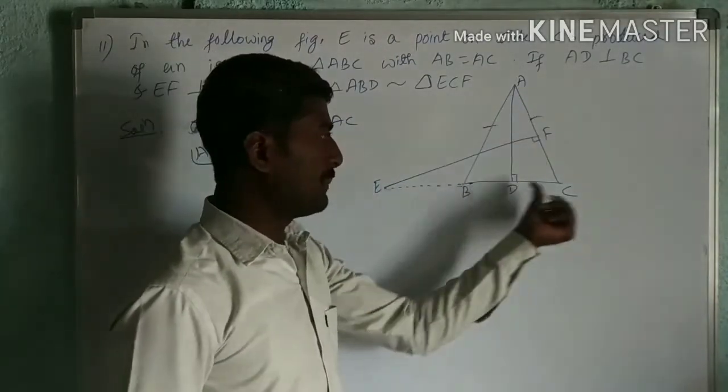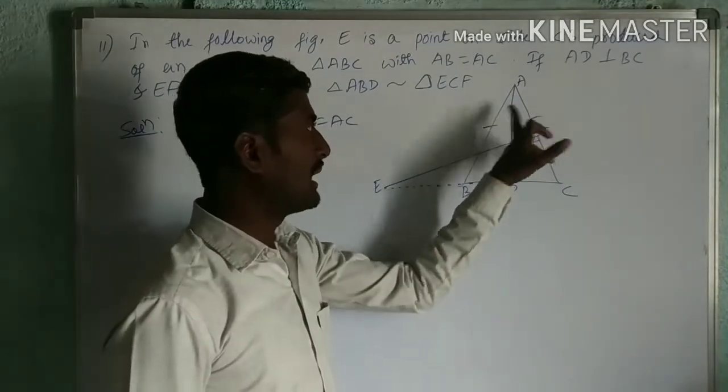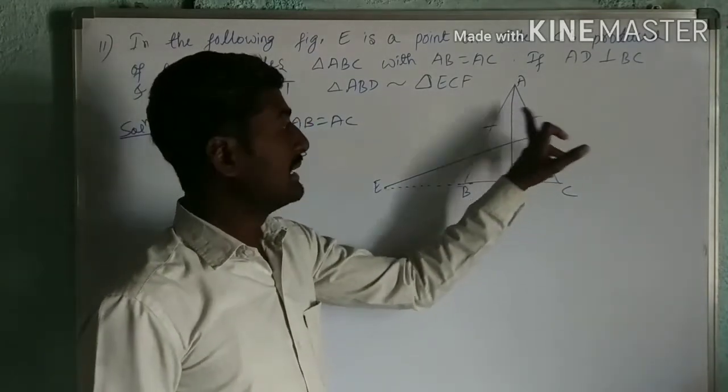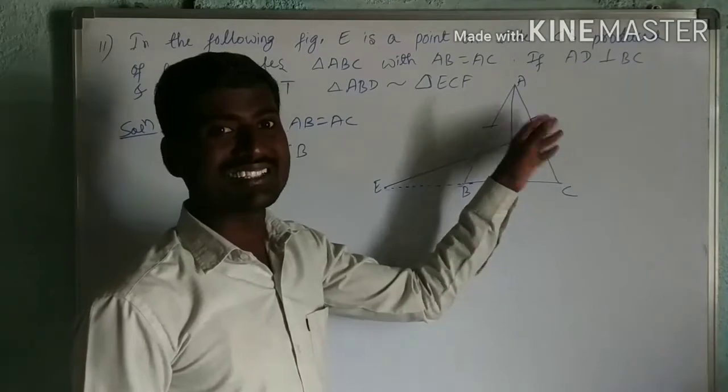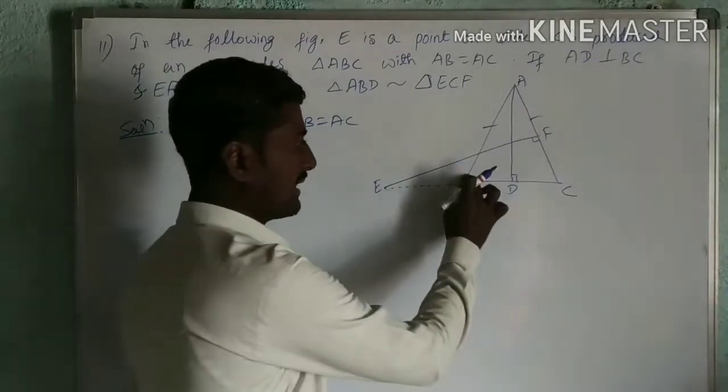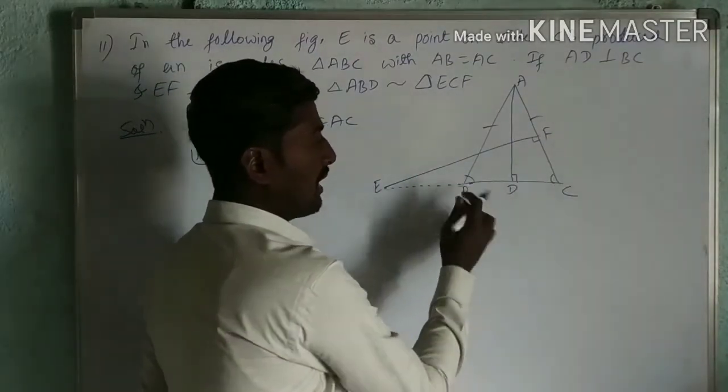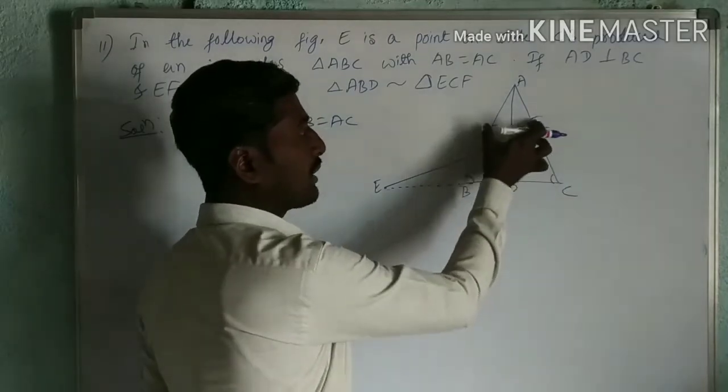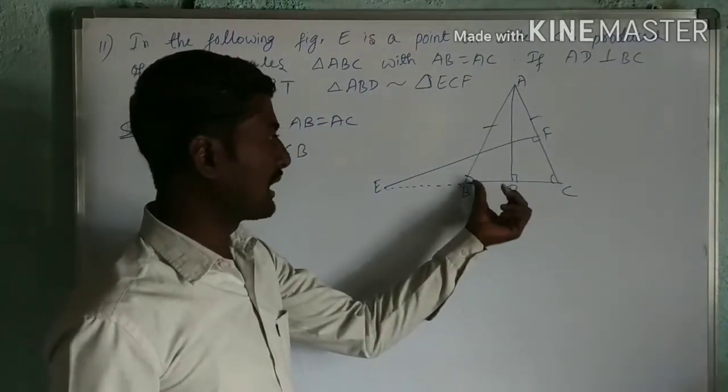In triangle ABC, two sides are equal, AB and AC. Then the angles opposite to the equal sides are equal. Therefore, angle B is equal to angle C.